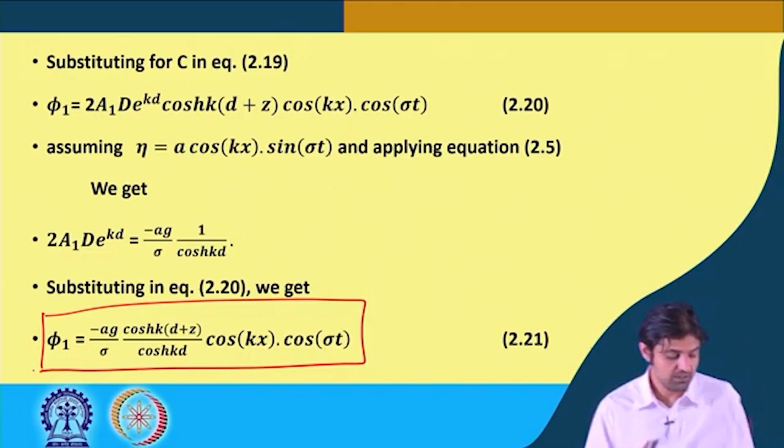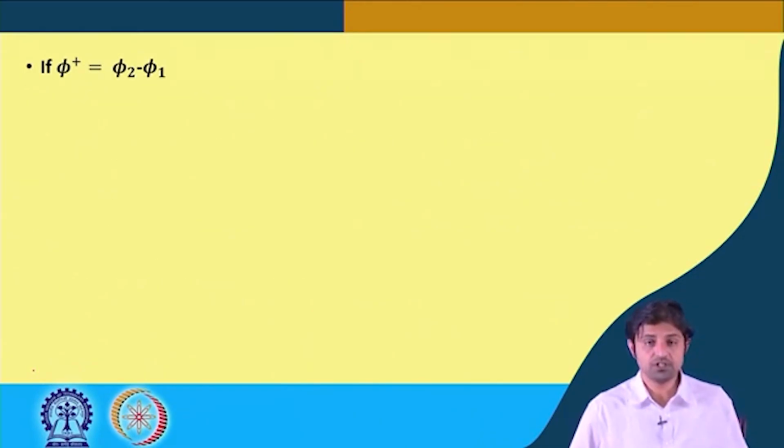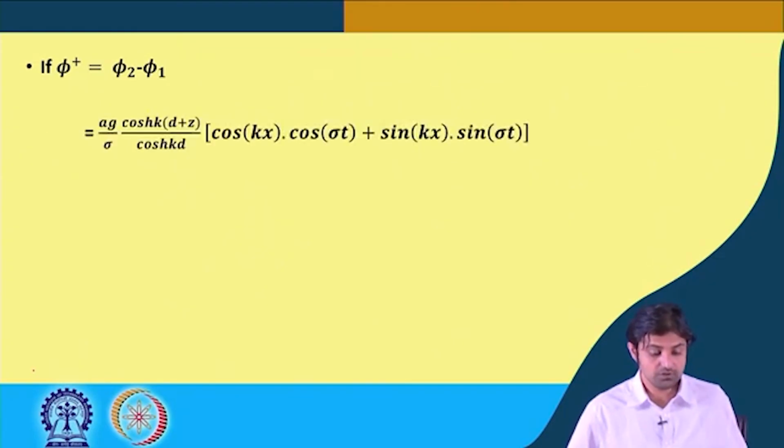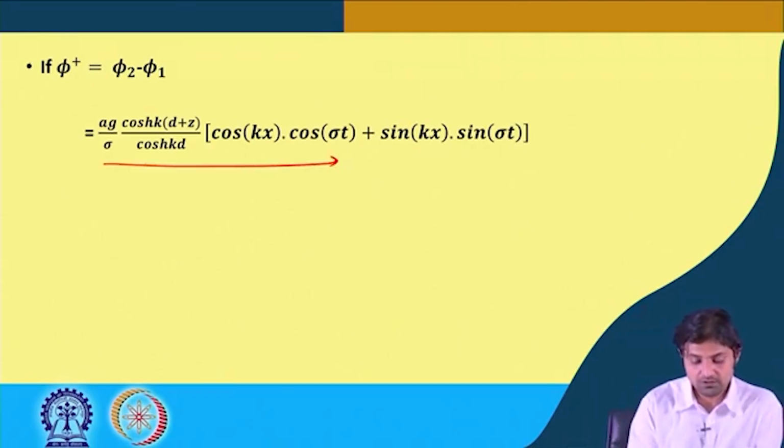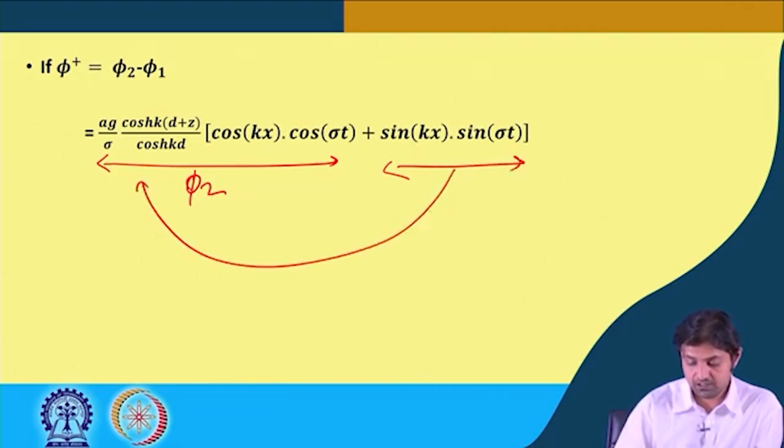Now, you remember I said that the total velocity potential will be the summation of the two terms. So, our velocity potential is going to be phi 2 minus phi 1, or also in terms of phi 3 and phi 4. So, if you add two velocity potentials, this was phi 2 and this one with a negative sign was phi 1.